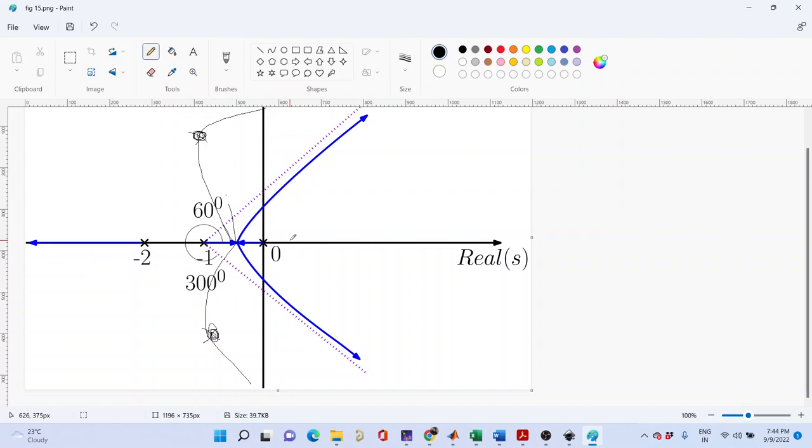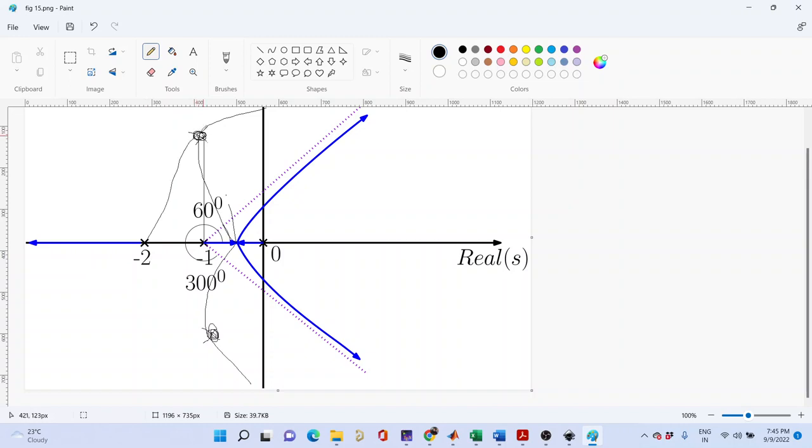One way is the condition that I told you just now. If the root locus has to pass through this point, that means this point must satisfy the angle and the magnitude criteria. So you would find the angle that each pole is subtending at this point.